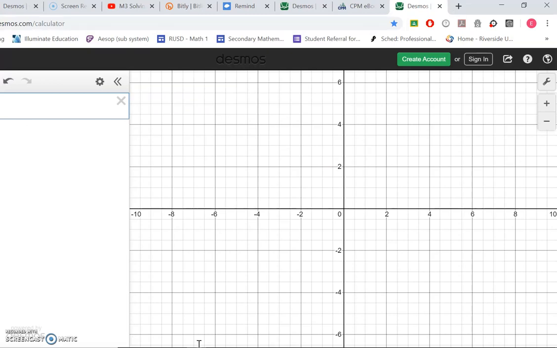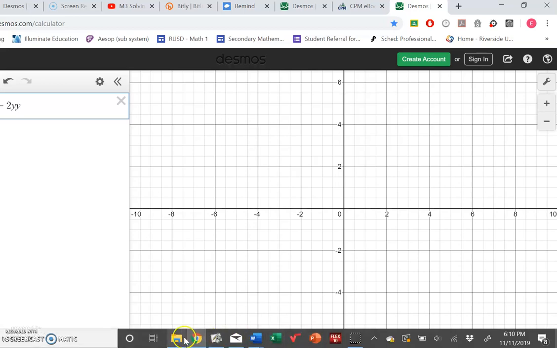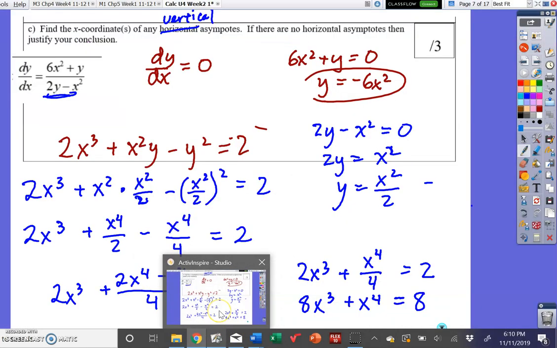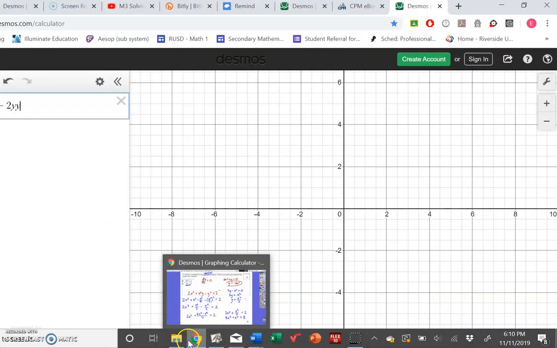I had 2x cubed plus x squared y minus 2x y squared equals 2. If I know it equals 2, I just don't remember if I know the whole equation. Yep.